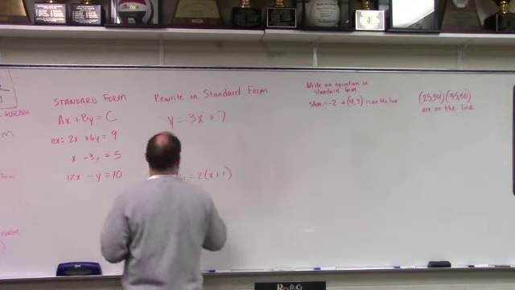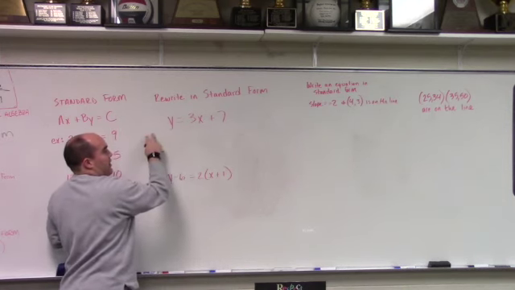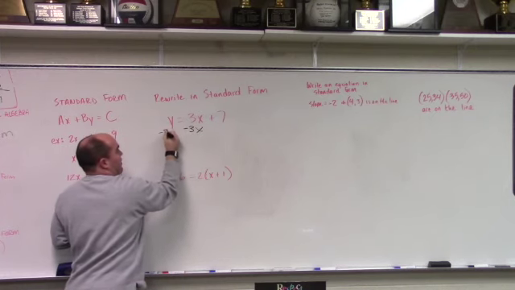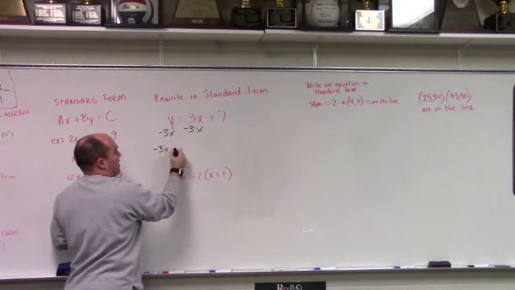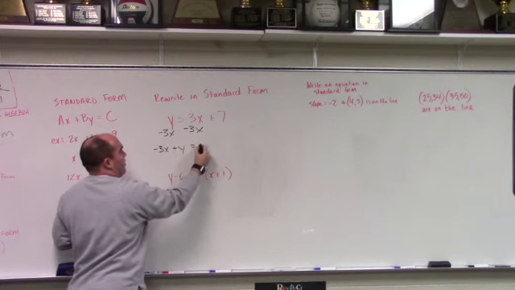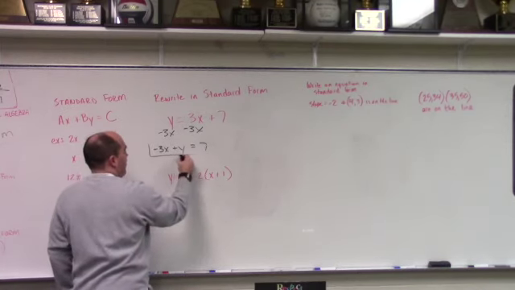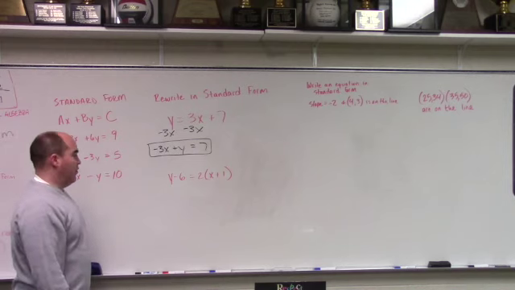So for this, if I have y equals 3x plus 7, I want the 3x over here, so if it's positive I would subtract the 3x, so now I just have negative 3x, I have positive y equals 7. So there you go. Nice and pretty in standard form.